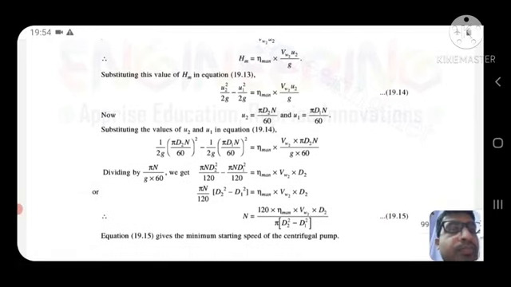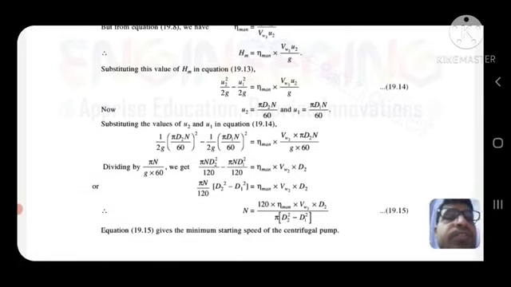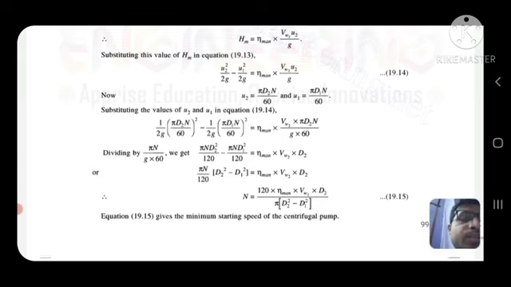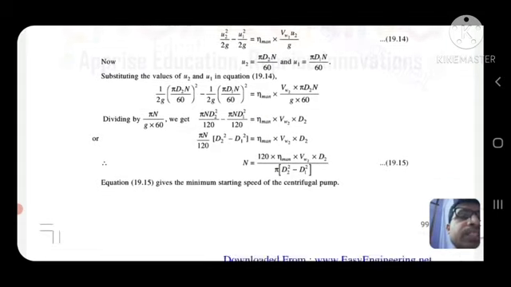Now substituting this value of hm, u2 square by 2g minus u1 square by 2g equals eta manometric into Vw2 u2 by g, where u2 equals pi D2 N by 60 and u1 equals pi D1 N by 60.